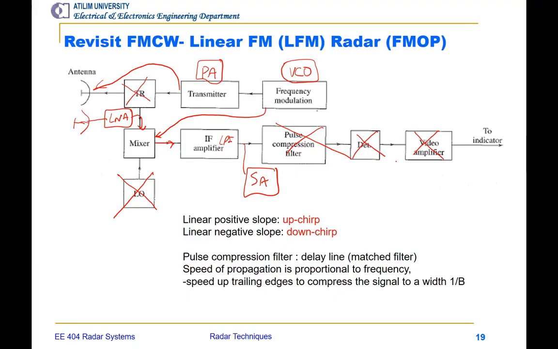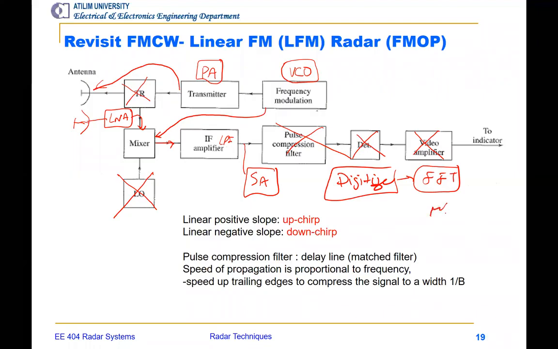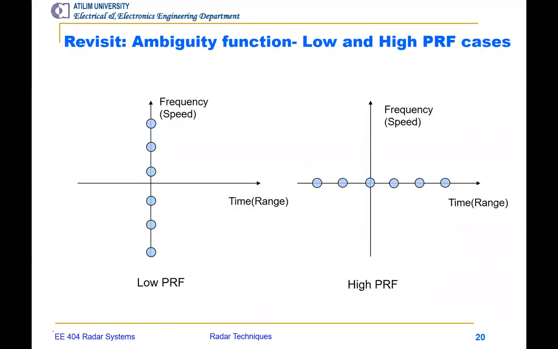It's going to be the second stage, where we'll use a digitizer here and use FFT or matched filter to get the range and speed information.